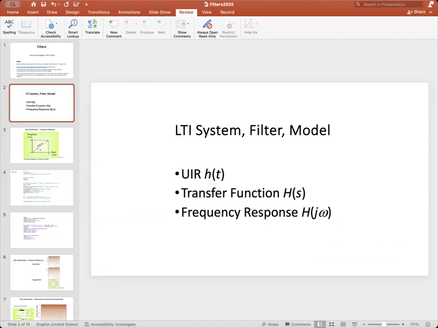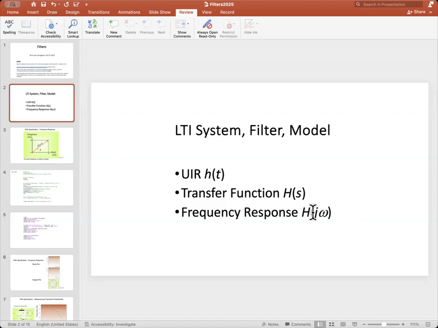If we have an LTI system, a linear time invariant system, also called a filter in our case, or a model, we know this system, because it's linear and time invariant, by its unit impulse response h(t), lowercase h, or the transfer function, which is the Laplace transform of lowercase h(t), indicated by capital H(s), or, more appropriate when you talk about filters, the frequency response H(jω), where ω is 2π times the frequency in hertz. So if we know this frequency response, we basically know the filter.